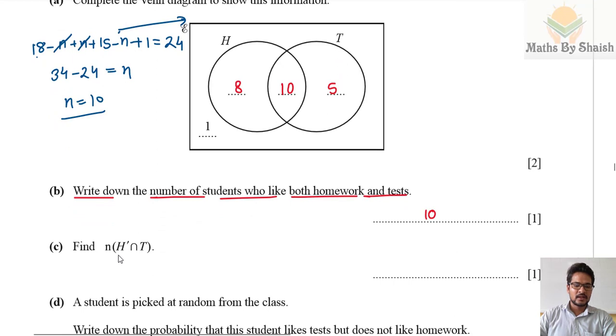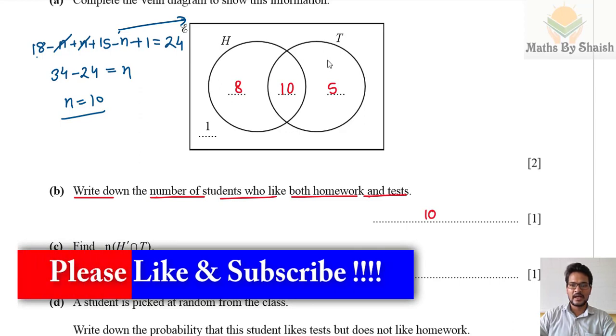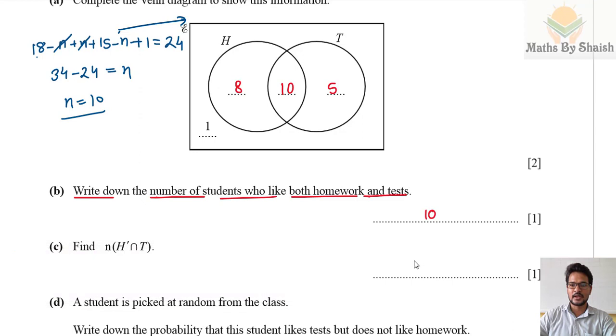Find n of H complement intersection T complement. H complement means not in H, intersection with T, so of course not in H and in T is this only possibility, that is 5. So the number of students is 5.